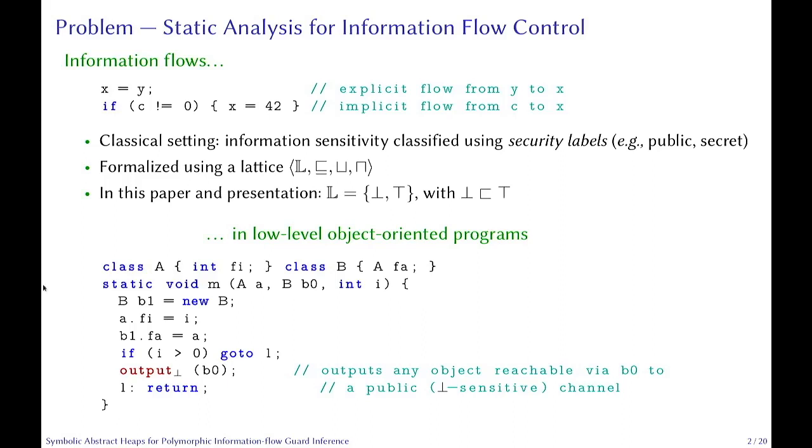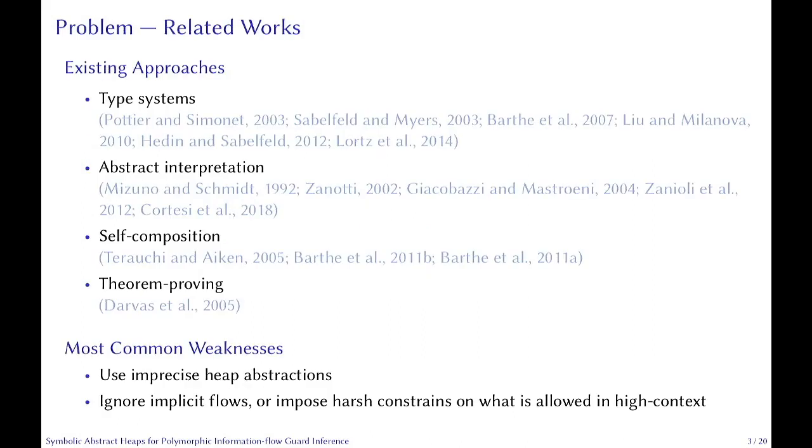It's also low level because we have no high-level control flow. Here we only have guarded branching statements, so goto and labels only. This is to match what we can find if you take Java bytecode directly, and it's just to make the problem more interesting.